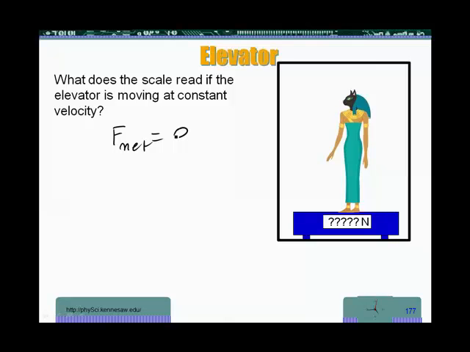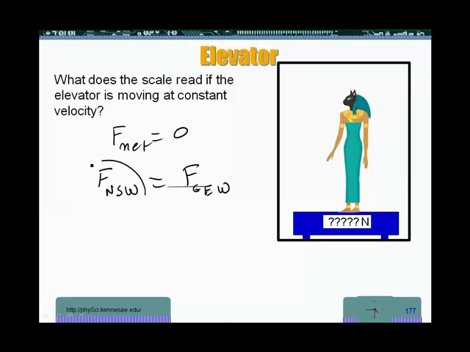If the net force is 0, that tells us that the forces are balanced. If the forces are balanced, what does that mean? That means the normal force that the scale exerts on the woman is going to be equal to the gravitational force that the Earth exerts on the woman.